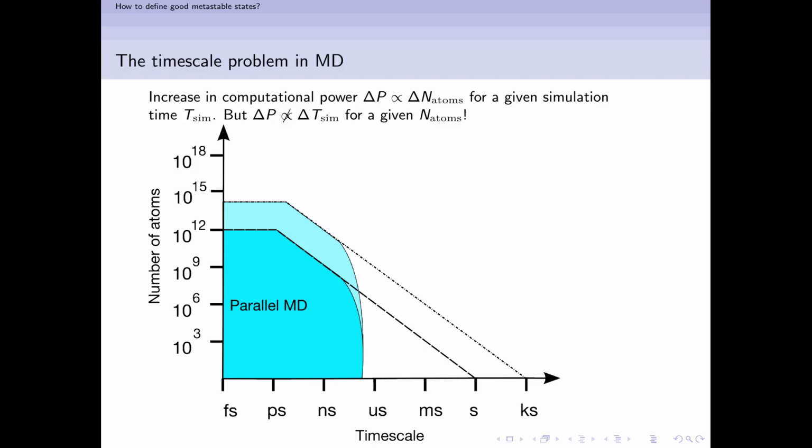In space, we can push the boundary proportionally to the amount of compute that you can add. But here we don't know how to do this with naive methods. So we're working on this problem, pushing the boundary of this space of accessible simulations towards this region. Okay.